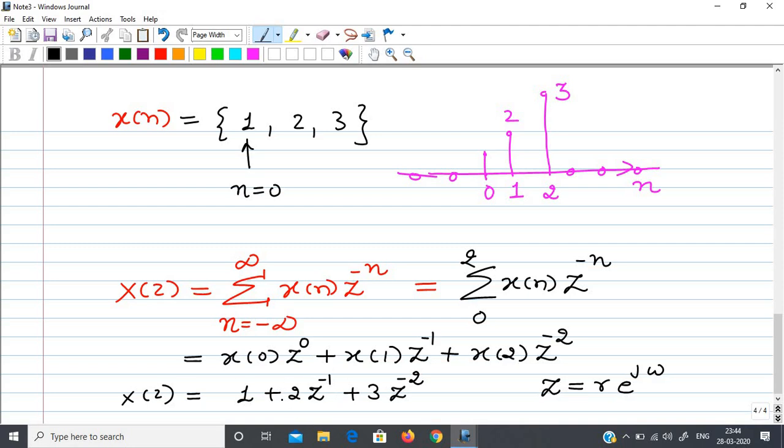So this series is converging for all the values of Z except one value, that is Z equals 0, or in other words, when r equals 0. So we can say the ROC is the entire Z plane, except one point.